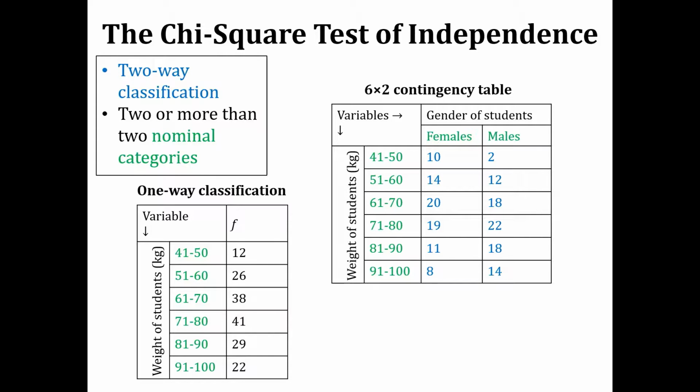So number 10 here are the females with a weight in the range of 41 to 50 kilograms, 14 are the females with a weight range of 51 to 60 kilograms, and so on. So this is a two-way classification, and this is what is meant by the contingency table. And a contingency table is not simply a 2 by 2 table, but it can have more than 2 categories.